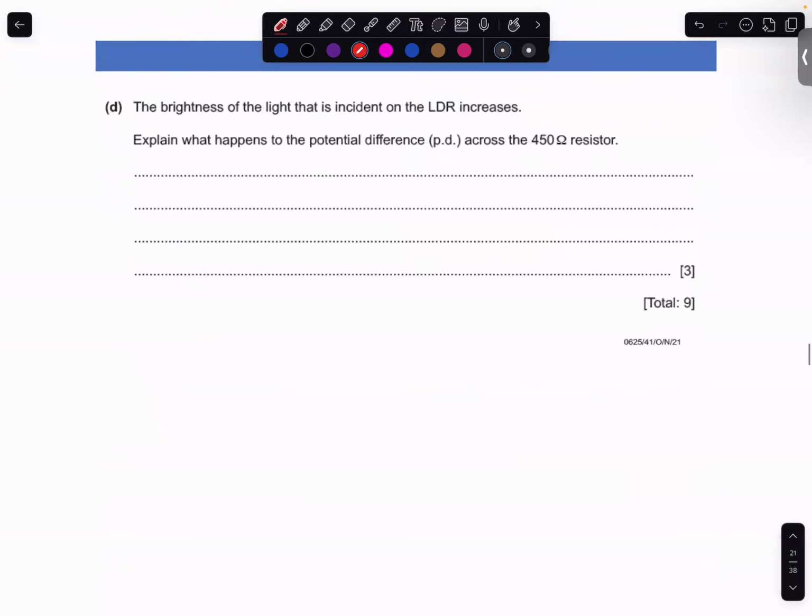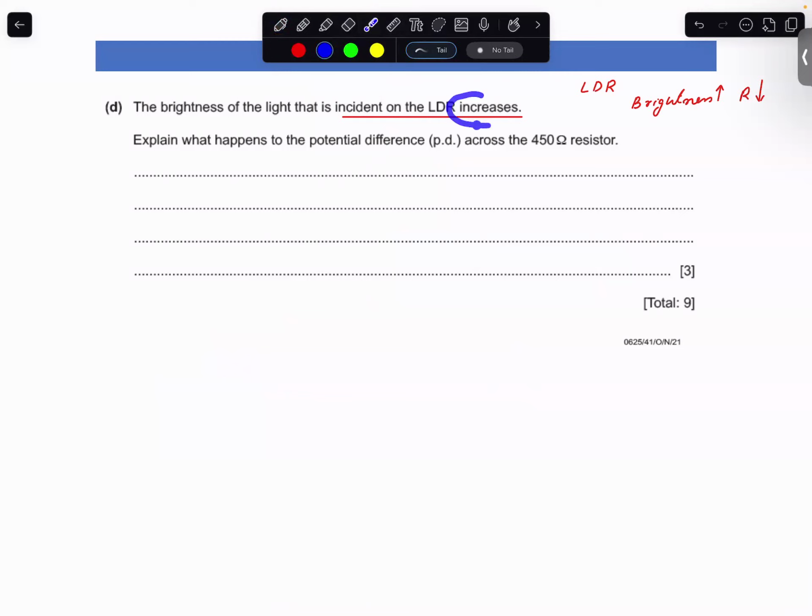In the next part of the question, the brightness of light incident on the LDR increases. I hope you know this relation: in the case of an LDR, brightness and resistance have an inverse relation. It means when brightness increases, resistance decreases, and vice versa. Here it's mentioned that the brightness of the light incident on the LDR increases.